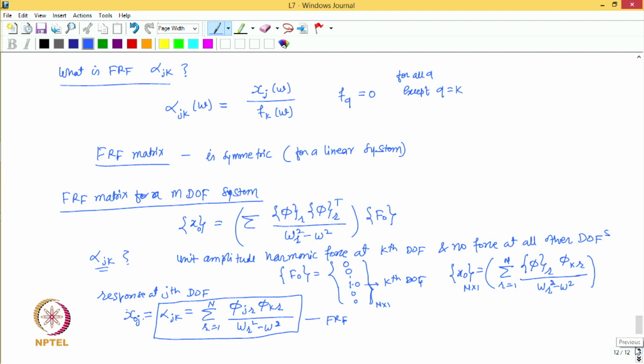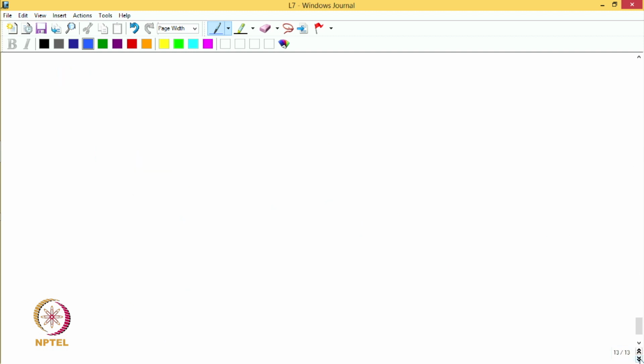So, if you compare the expression we just wrote for the steady state amplitude with the expression we got earlier, between the x naught and f naught. So, when we solved the force response amplitude using the direct method, this is the expression we got.